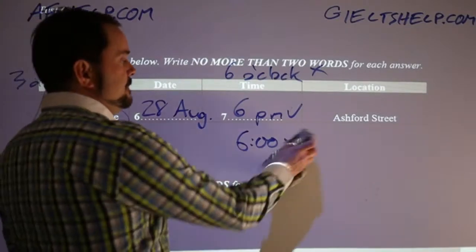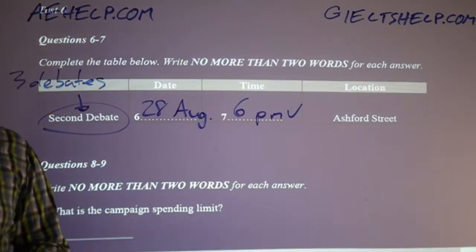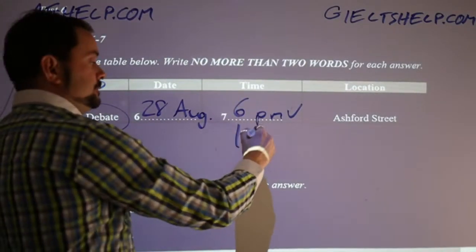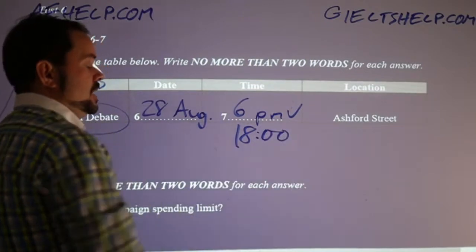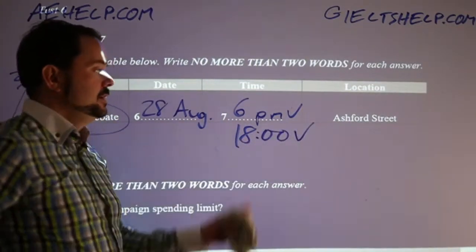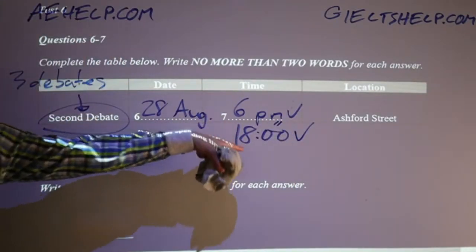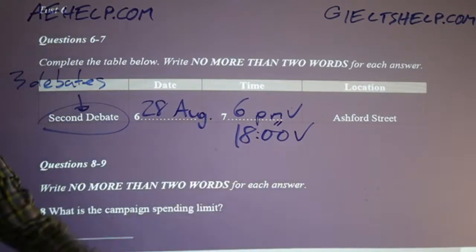So the only 2 correct answers that you can have with the other one is that. Okay? You change it to a 24-hour clock. That would be correct. Okay? Because these 2 are perfectly the same. Okay? So 6 p.m. or 18 o'clock. Okay? So that's why. All right?